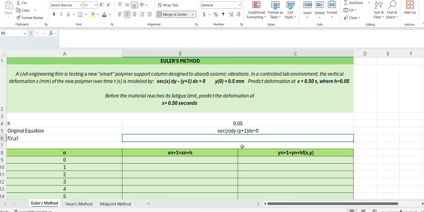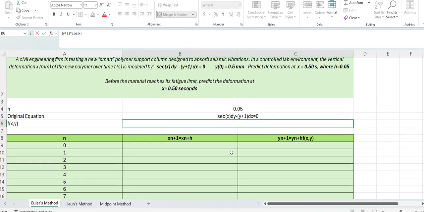And we recall that 1 over secant x has a trigonometric identity, which is cosine x. And so we will establish that (y plus 1) multiplied by cosine x will be our function.